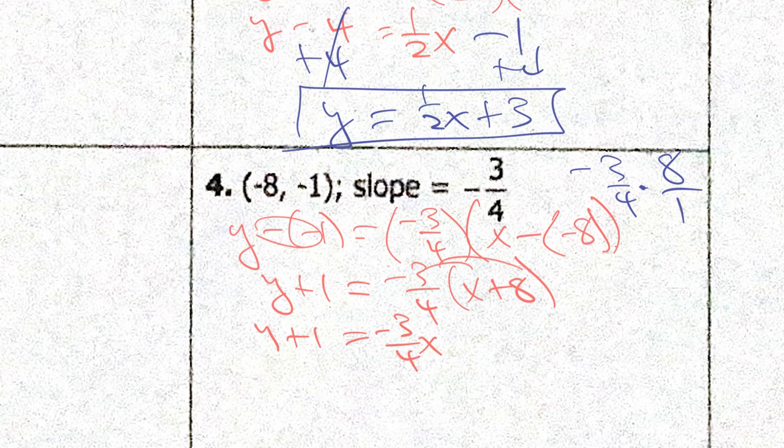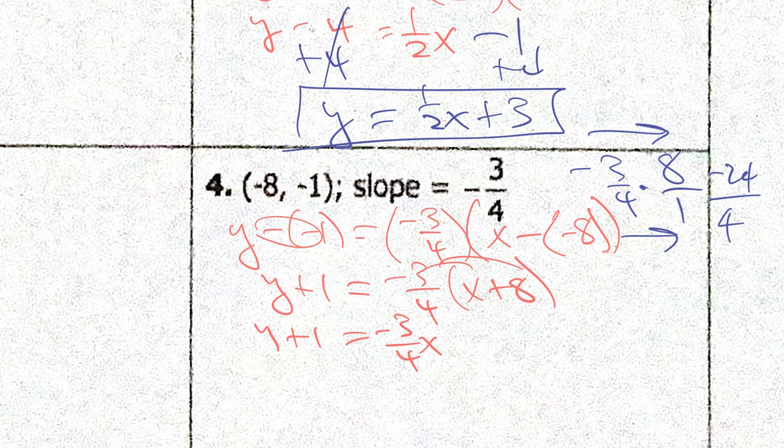I'm going to do it right here in the upper right again. Negative 3/4 times 8, and I'm going to put that 8 over 1. Okay? So across the top, negative 3 times 8. On the bottom, 4 times 1.